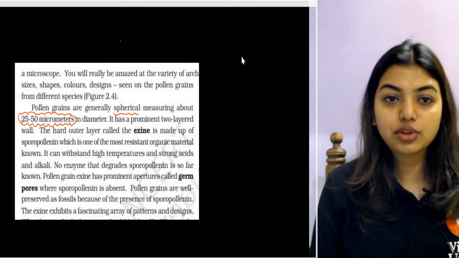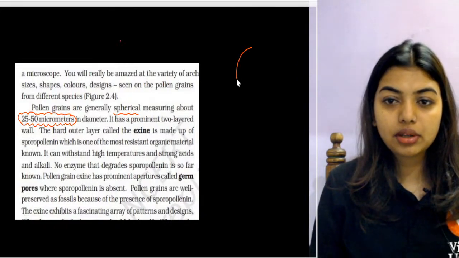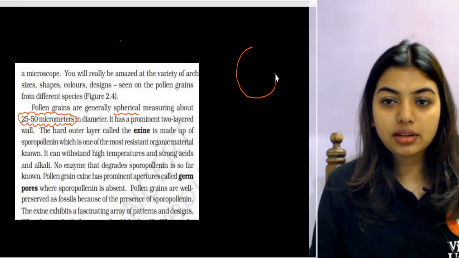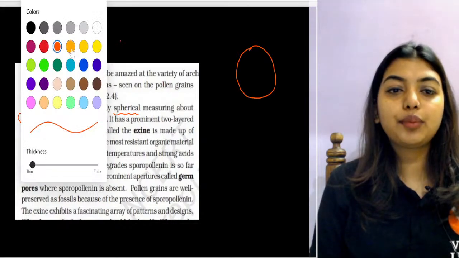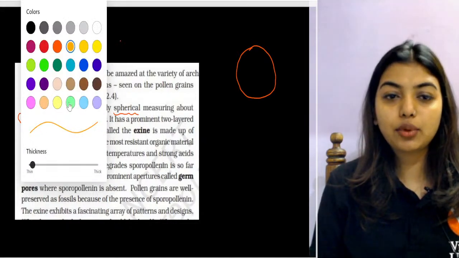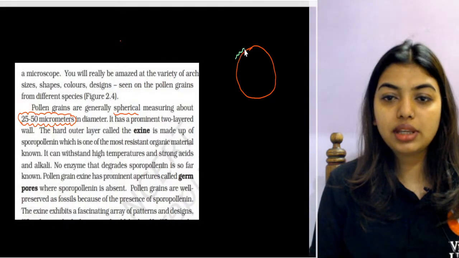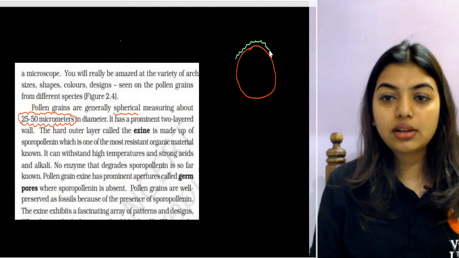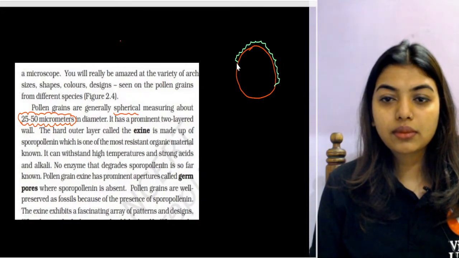Now if I have to draw this, there are no shapes available here, students, otherwise I would have drawn it with a shape. Okay, spherical. Now they are telling that pollen grains have two layers. So I'm going to draw the first layer, that is going to be the outermost layer. This is a very diagrammatic representation.